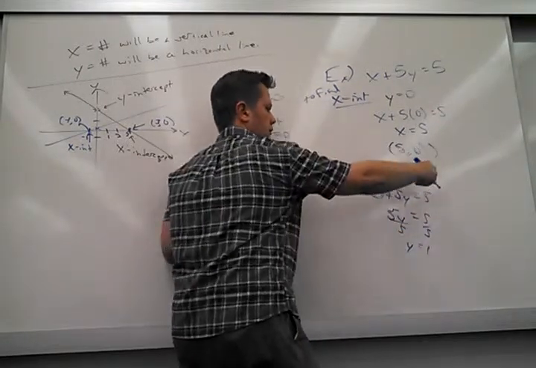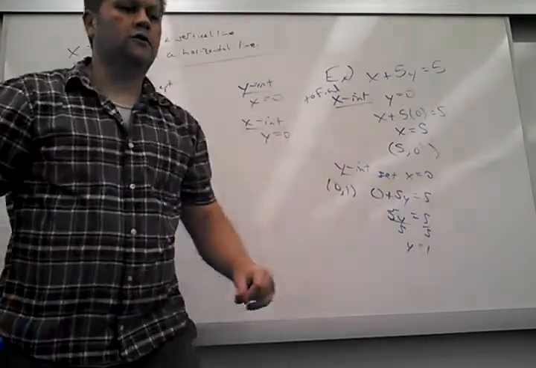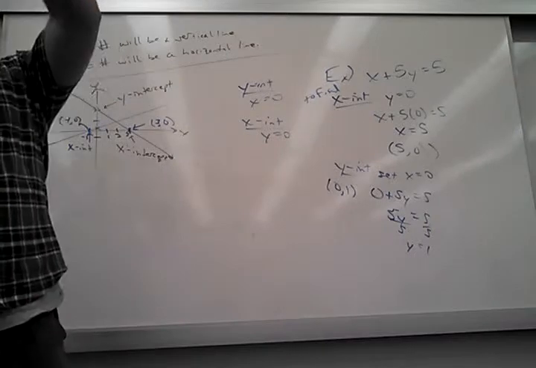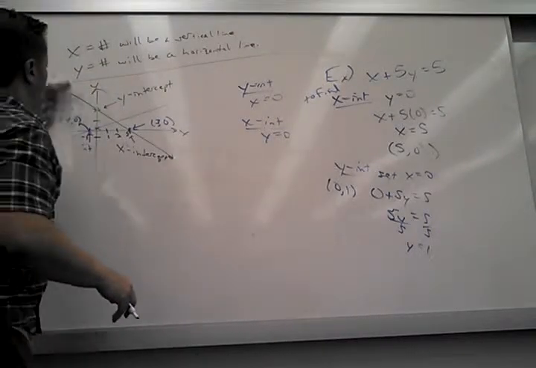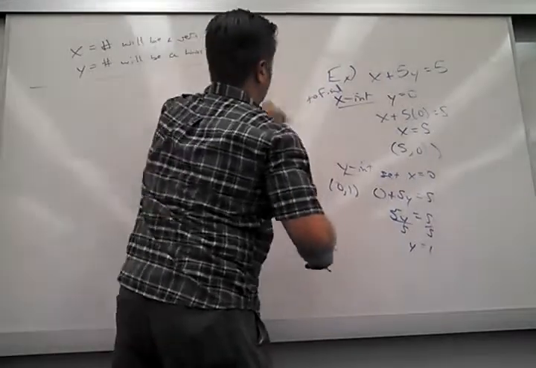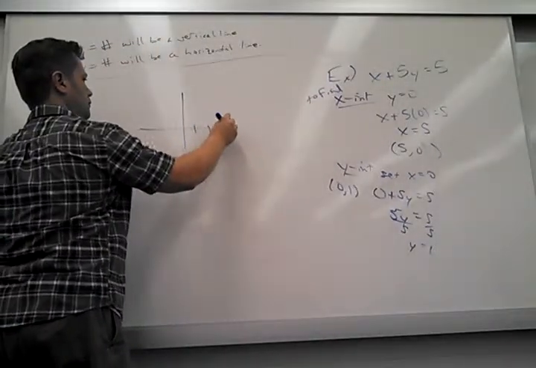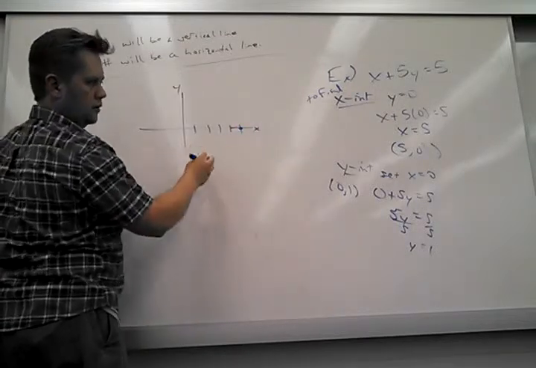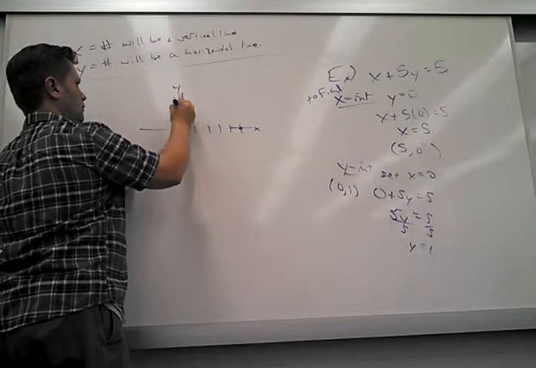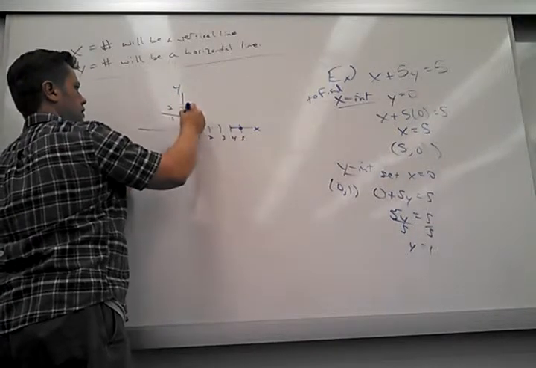So the point is 0, 1. If I graph those two points, that's all I really need for a straight line, is two points. So graph those two points, 5, 0, and 0, 1. There's the line there.